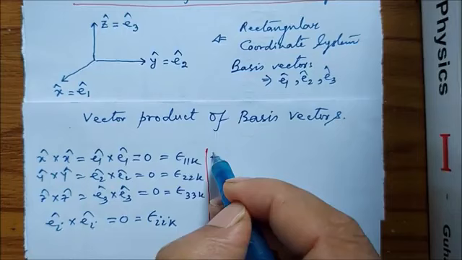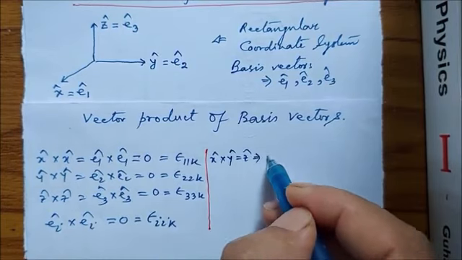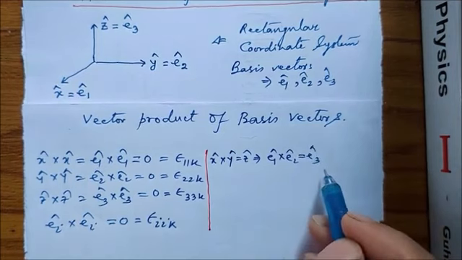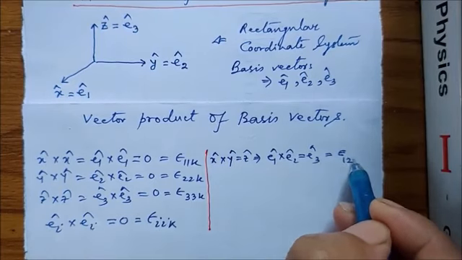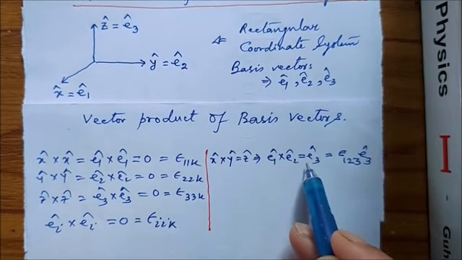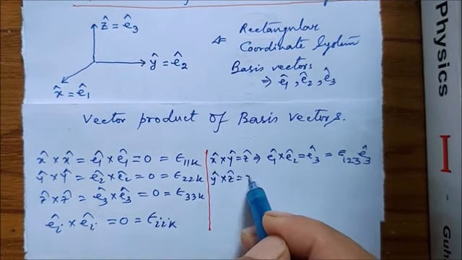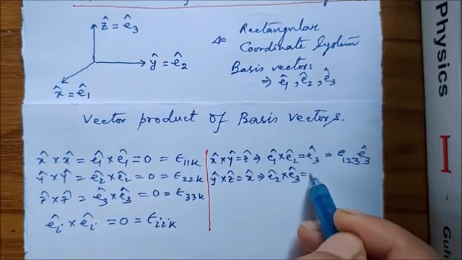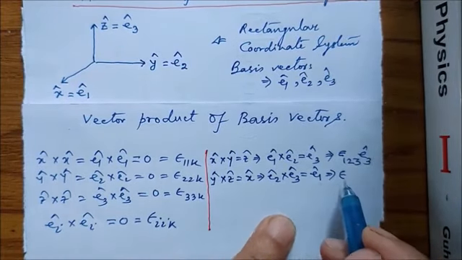Let us now consider relations like x cap cross y cap, which is z cap. And this can be written as e1 cap cross e2 cap is equal to e3 cap. And this e3 cap can be written as Levi Civita symbol 1, 2, 3, e3 cap. And this is plus 1 as we have here. Let us write down the other relations in a similar way. And this gives us 2, 3, 1.